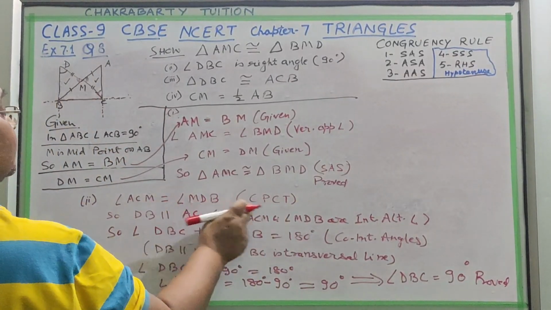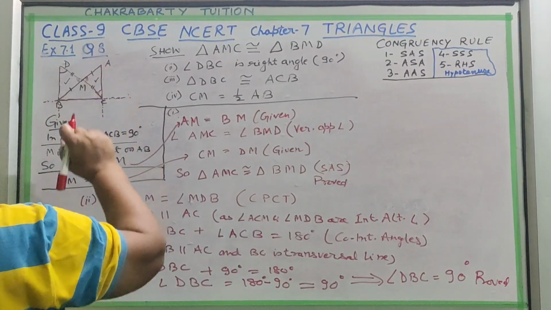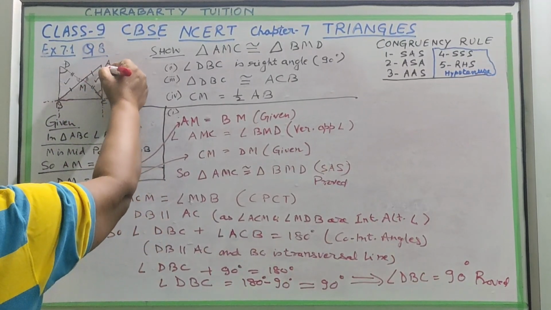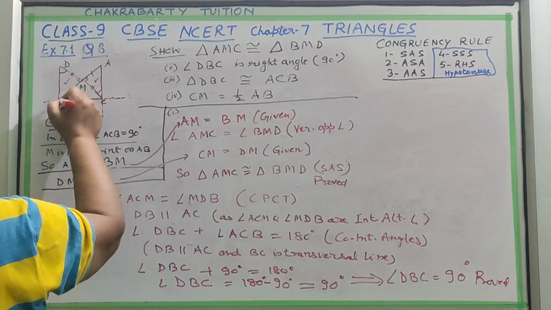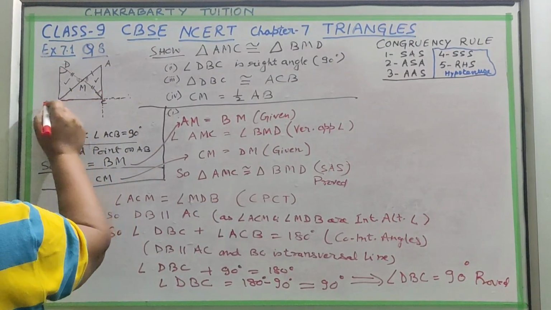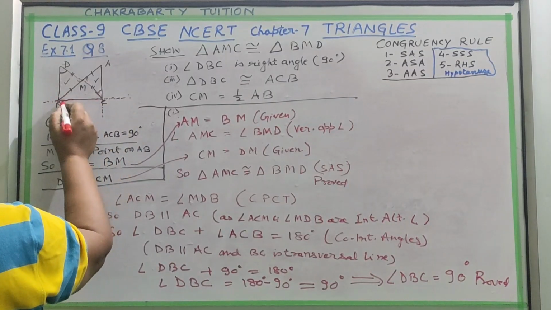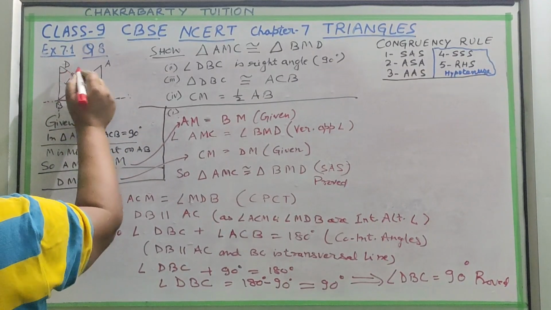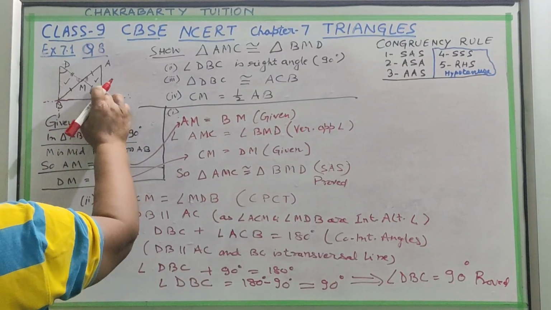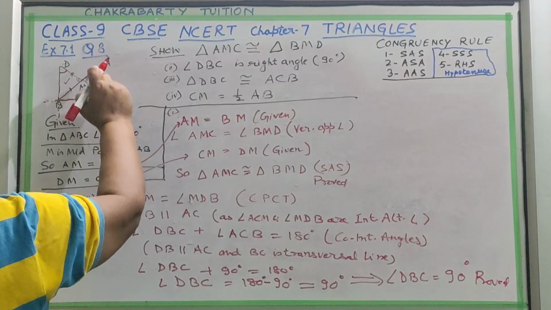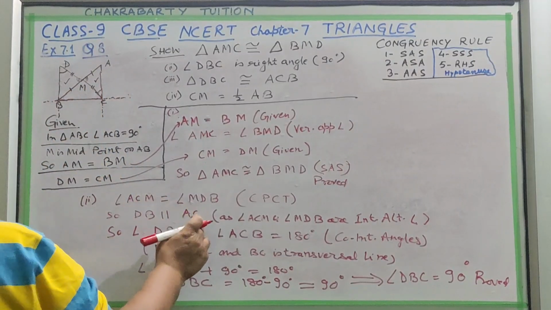If these two angles are equal, and I project the AC line further and the DB line further, and presume that BC is a transversal line, then what is happening here? This angle is equal to this angle. And it is alternate, because these are parallel lines, so it is proved.